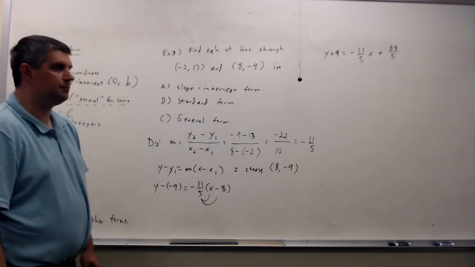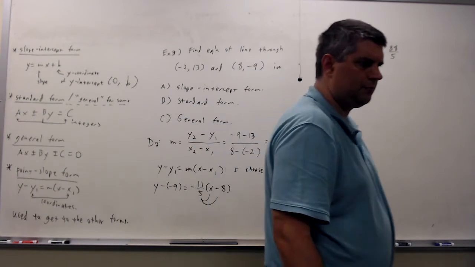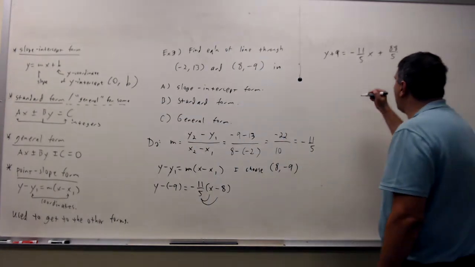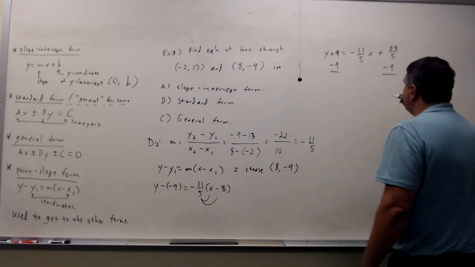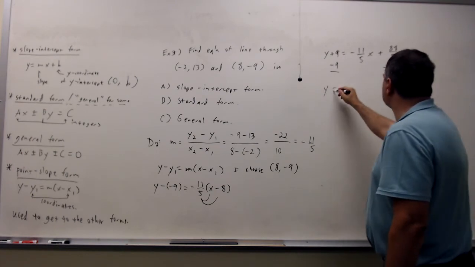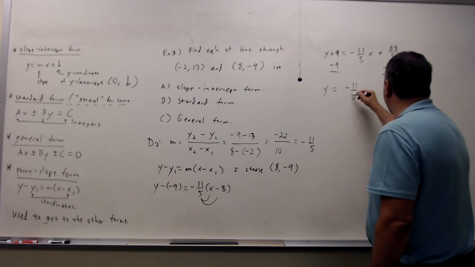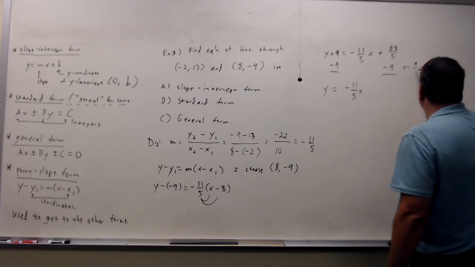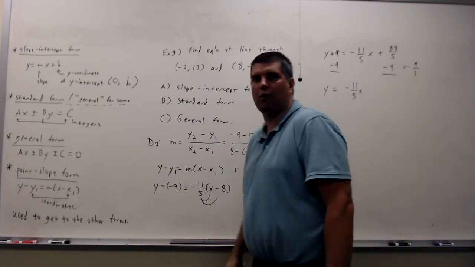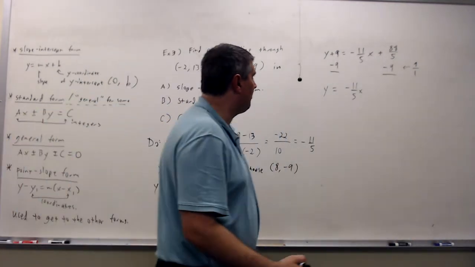All right. I need to subtract 9 from both sides. So I'll have y equals -11/5 x. Now this is where things get interesting. Okay? 9 over 1. That's what I'm looking at.